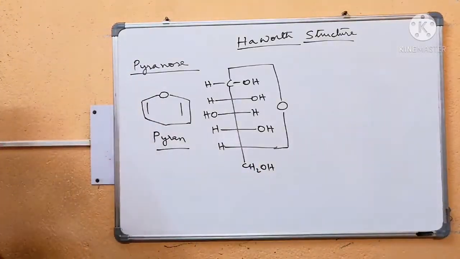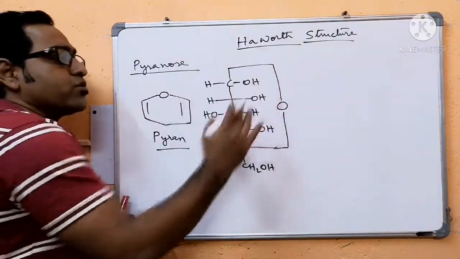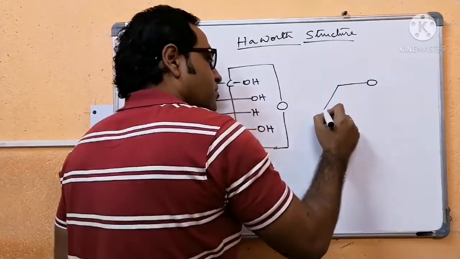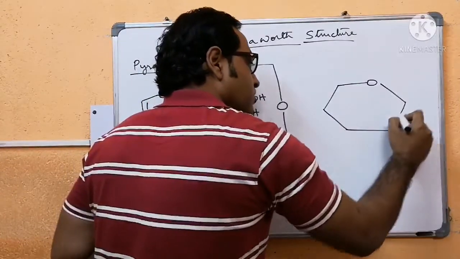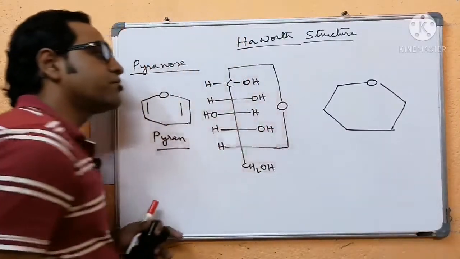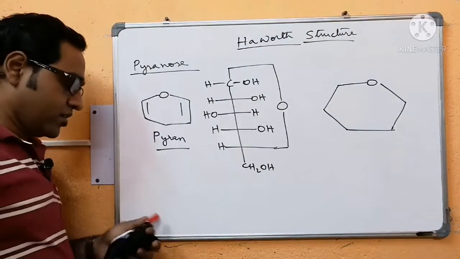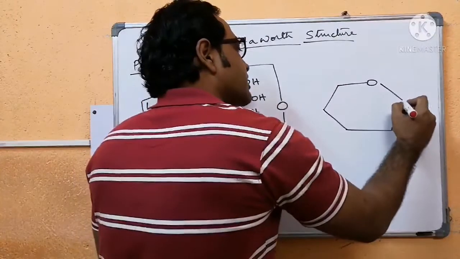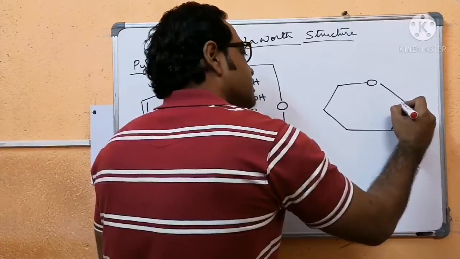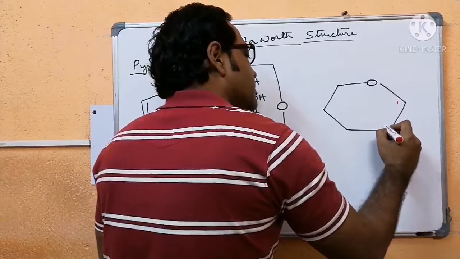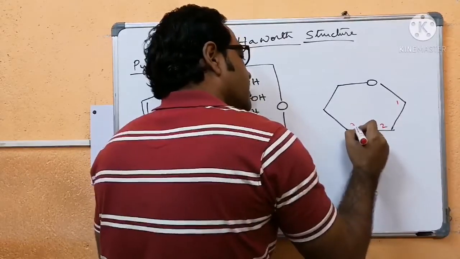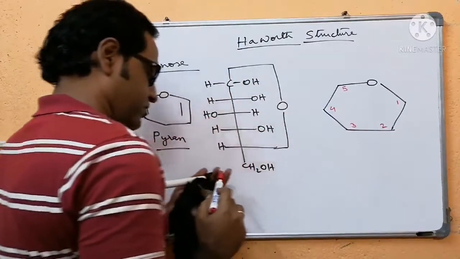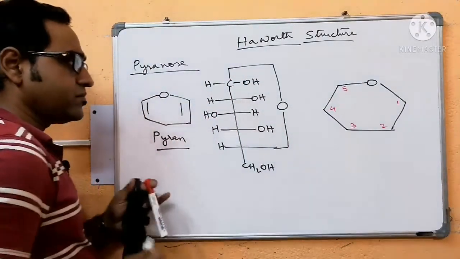Okay. Now we will draw the pyranose structure. This is the pyranose structure. Now here, this one is the first carbon atom, C1. This one is the second carbon atom, third one, fourth one, fifth one.